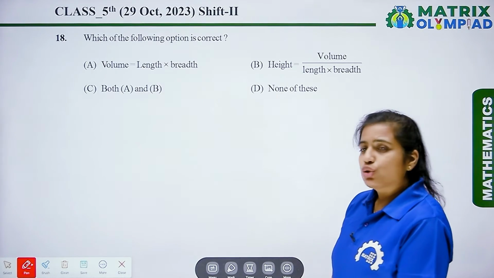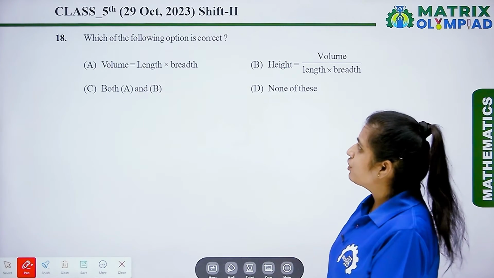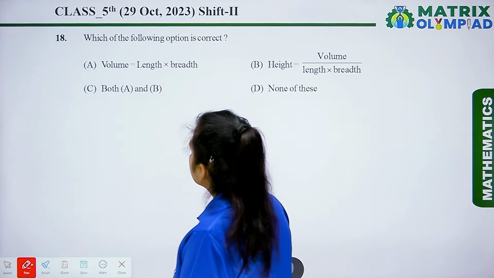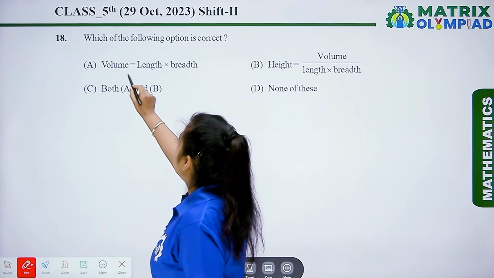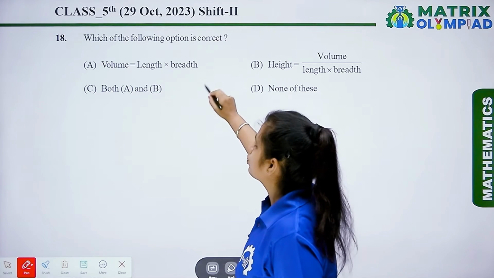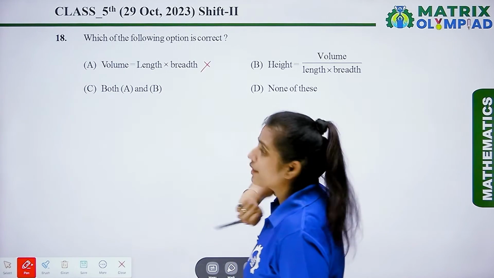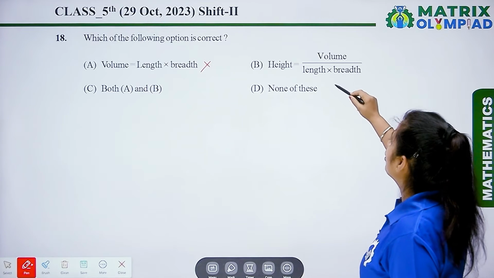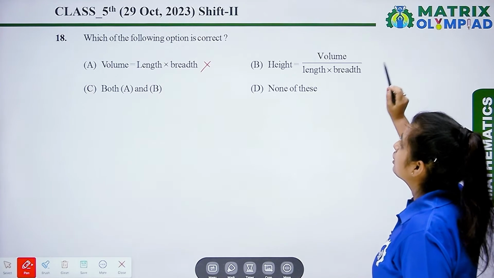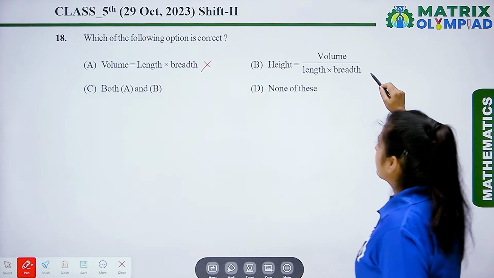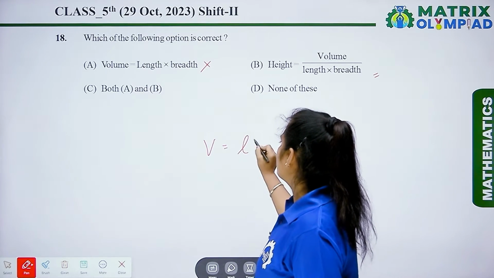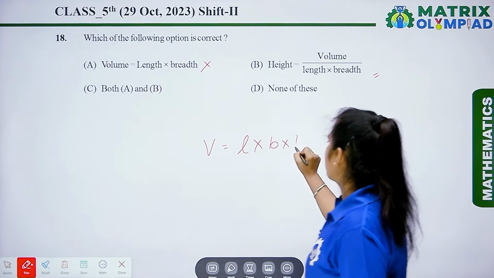Now for the next question, question number 18, we have to find out the correct option. So here in option A, we have volume is equal to length into breadth. So this is the incorrect formula. Next option B is height is equal to volume upon length multiplied by breadth. So yes, this is the correct formula, as we know that volume of a cuboid is equal to length multiplied by breadth multiplied by height.